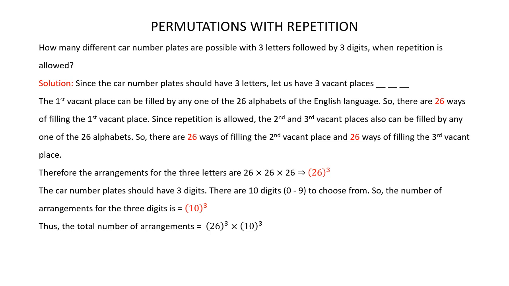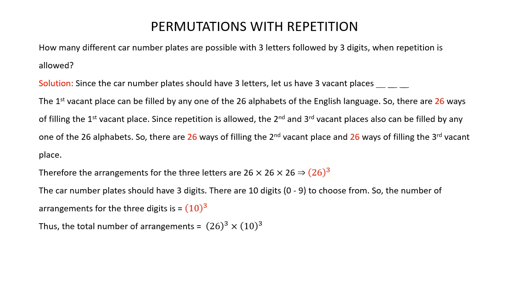Now here since the car number plate should have 3 letters, 3 have to be taken at a time. So r is equal to 3. So here we have n is equal to 26 and r is equal to 3. So the arrangement for the 3 letters is n raised to the power r, which is nothing but 26 raised to the power 3.